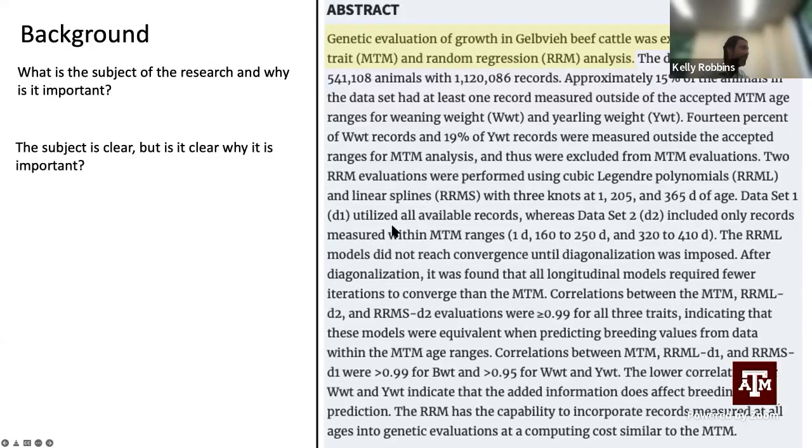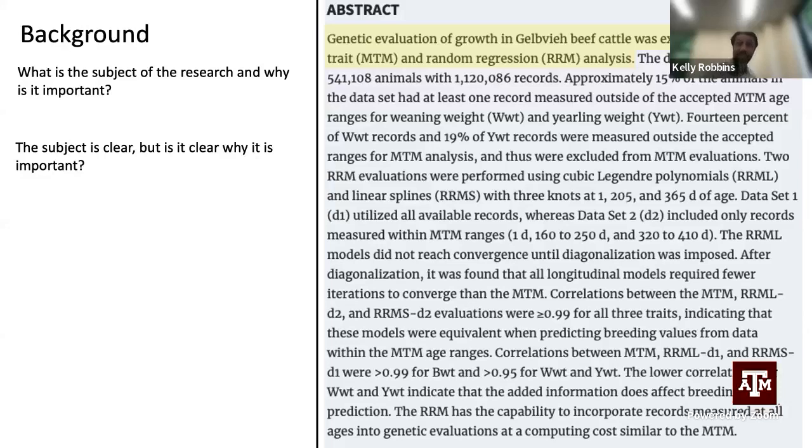Now, the first thing that really jumps out at me here is the subject's clear. I was looking at growth in beef cattle. I was using multi-trait models, and I was using random regression models. So the subject's clear, but it's not clear why it is important. Why am I comparing multiple trait models to random regression models?